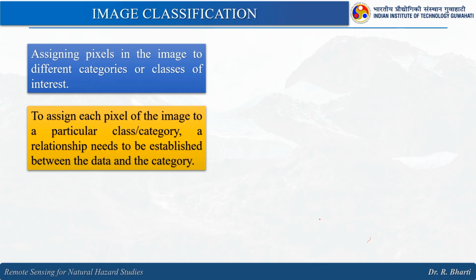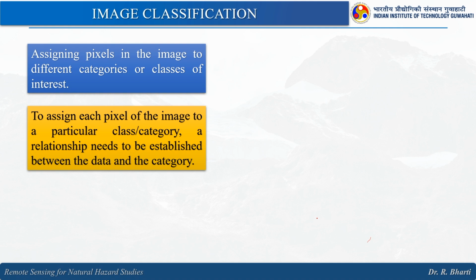Now, we will move to image classification. This is one of the very important concepts which is used to generate the inputs for our analysis, right. When we talk about remote sensing, we try to generate the inputs for our decision support system.